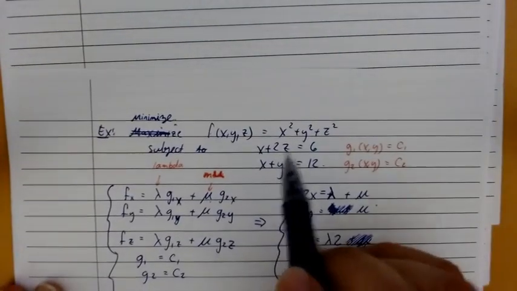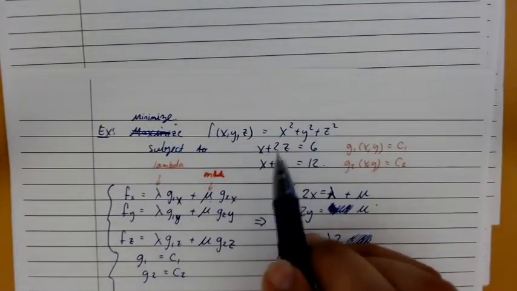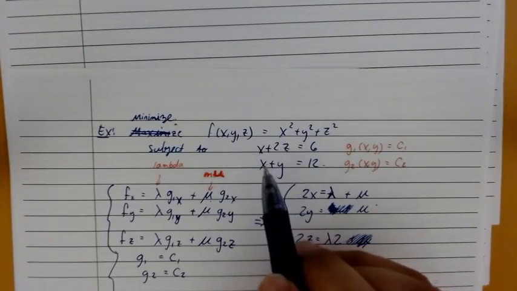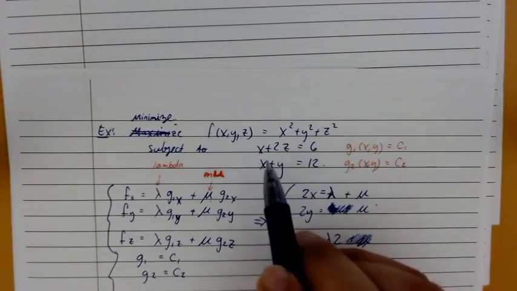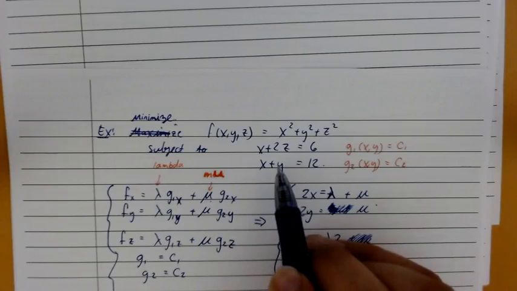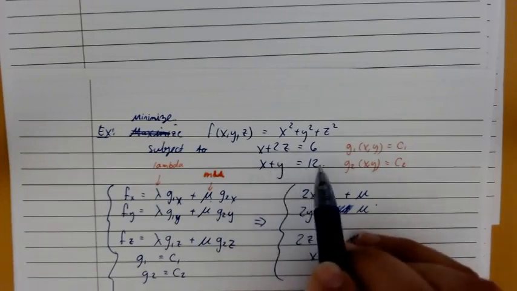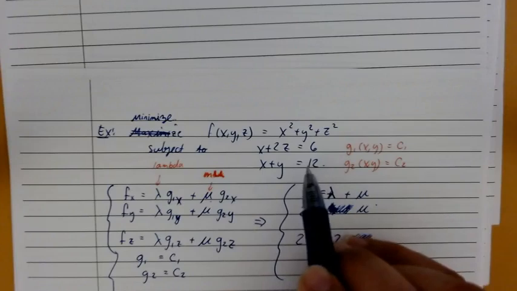You can't maximize this one because, for example, if I want to make x a billion, then I can just make this negative a billion minus 12, so that would give me 12 anyway.